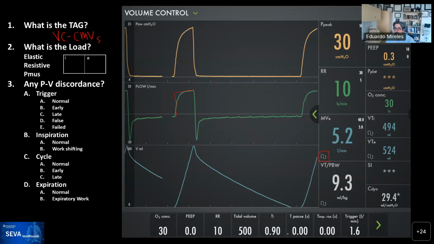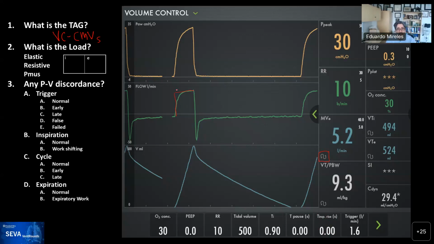Then many of you identified, as expected, this beautiful resistive load. And the resistive load is present on both waveforms. You can see during inspiration, there's the rapid rise in flow. And the rapid rise in flow causes a rapid rise in pressure.